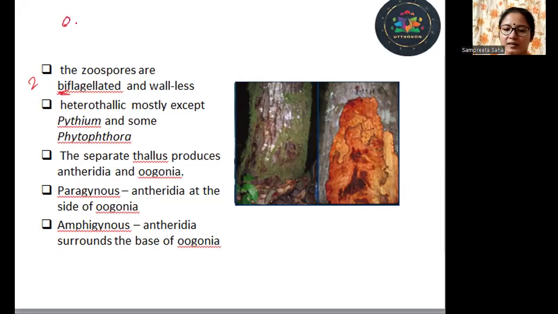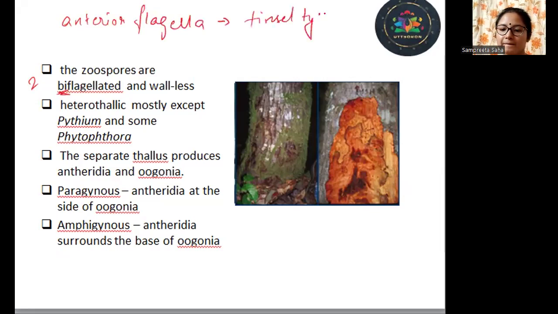And this anterior flagella is tinsel type, that means it has hairs. And the posterior flagella is of whiplash type.